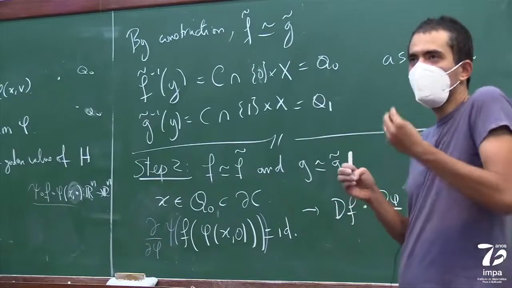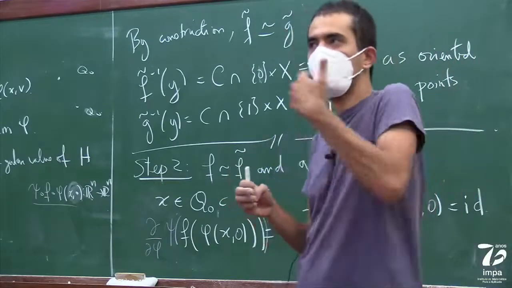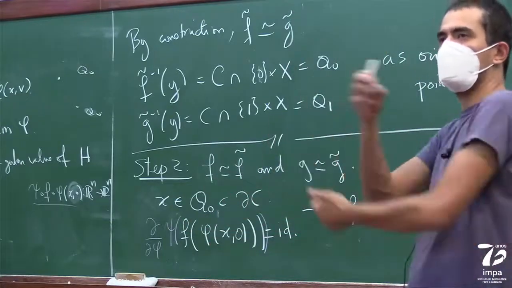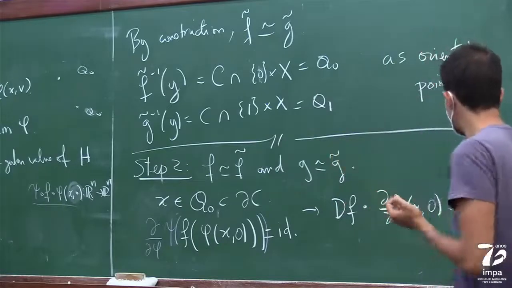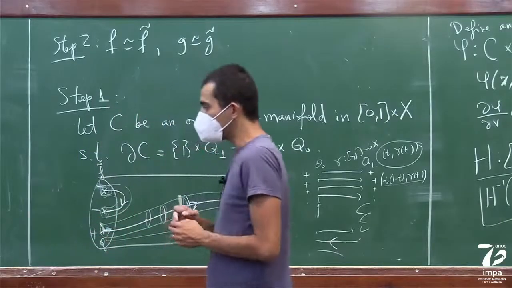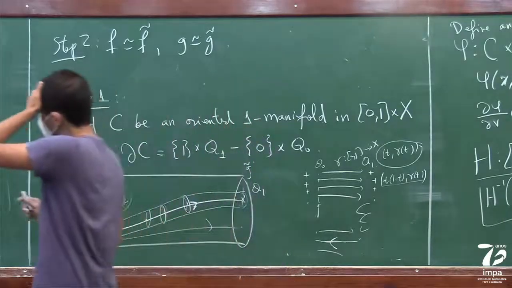So if the point is positively oriented, then it will have the same orientation. If it's negatively oriented, then phi is going to switch the orientation, because I want this to always be the identity. Okay, is this a little clearer now? What I'm trying to choose. Okay, so let me say this one more time.